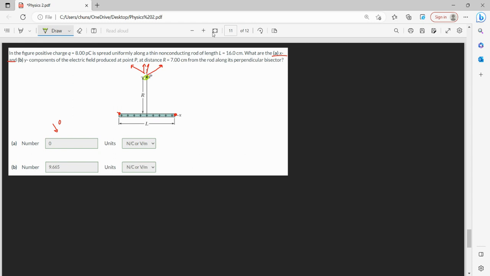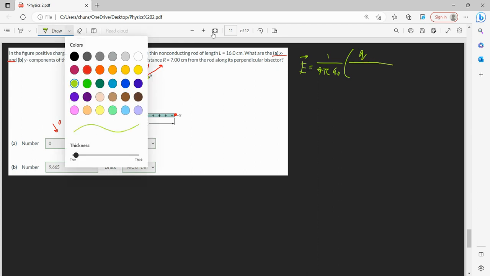So now all we need to do is solve for our y components. When we took this, we found it to be 1 over 4 pi epsilon 0, and we had our charge over our separation distance. We can solve for that really quick.